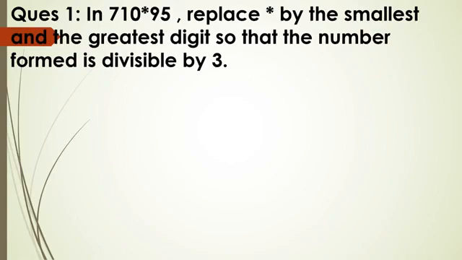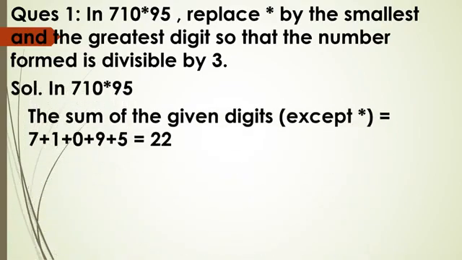Now see, as we have to find out the sum of all the digits to check the divisibility by 3, here also we will find out the sum of all the digits. So the sum of given digits except star, that is 7 plus 0 plus 9 plus 5, is equal to 22.